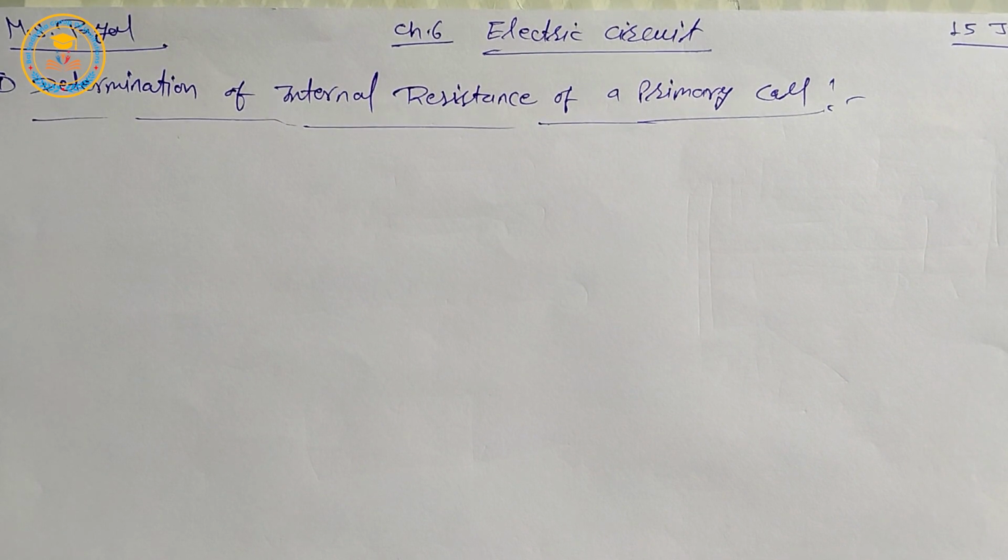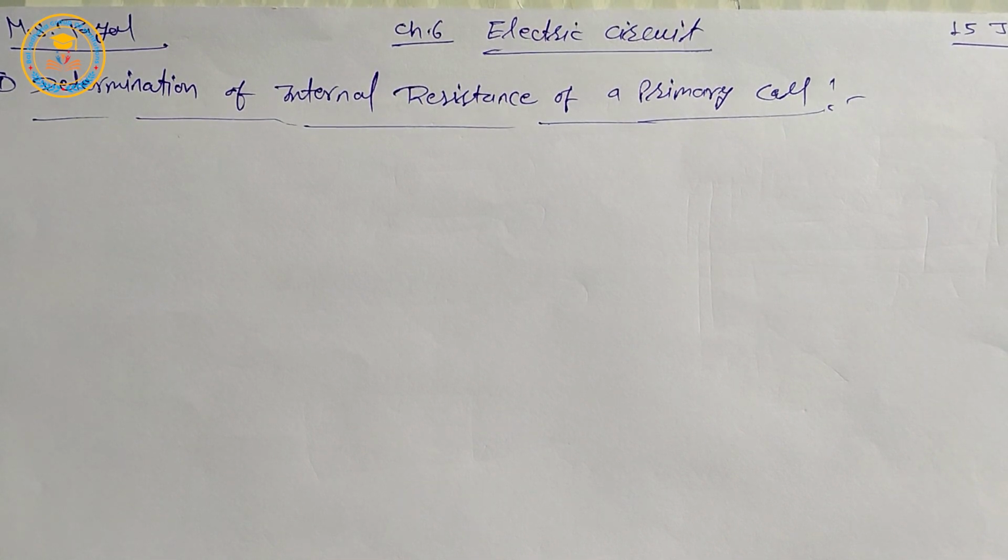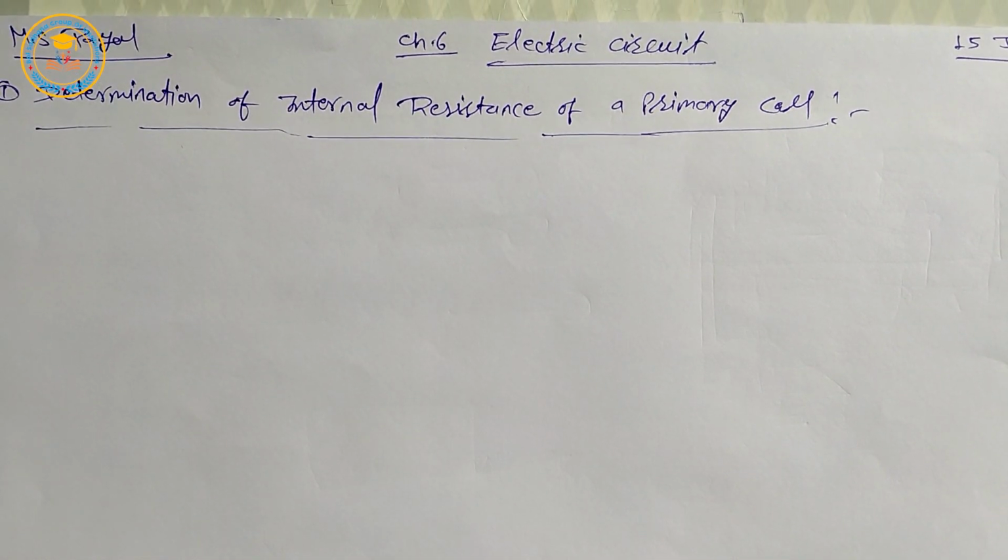Our chapter number 6 of the physics subject is going on, which is the electric circuit. Yesterday we discussed the principle of the potentiometer and some construction of a potentiometer.